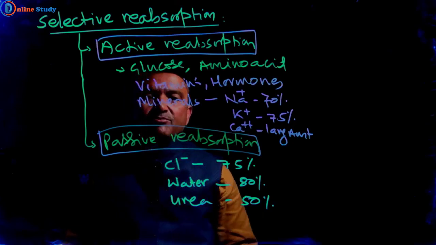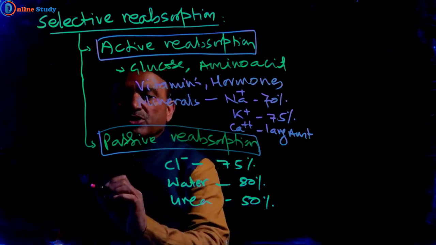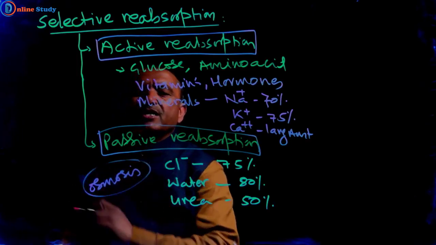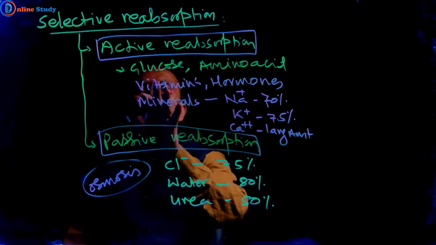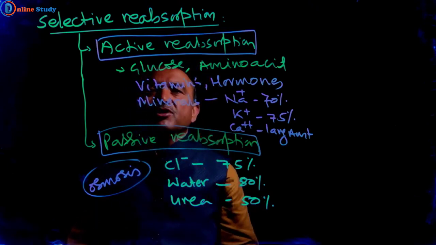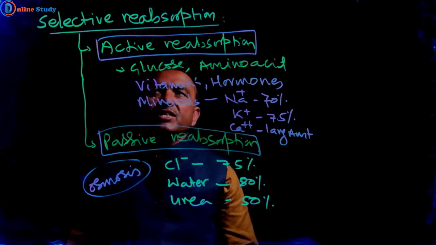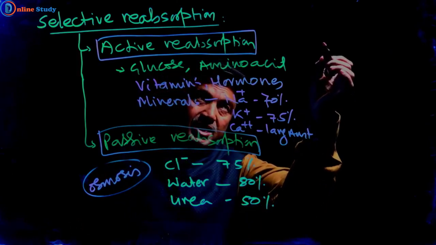But passive reabsorption, or passive transport, takes place by the process of osmosis. No energy is required for passive reabsorption, but energy is required for active reabsorption, because it takes place against the concentration gradient.